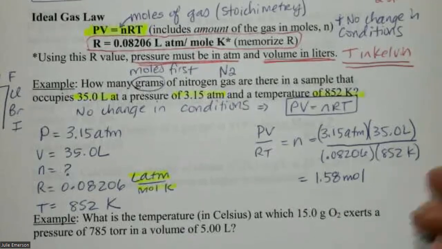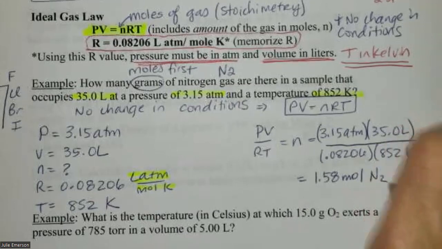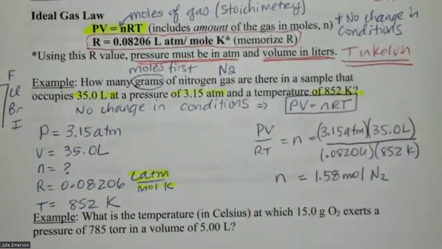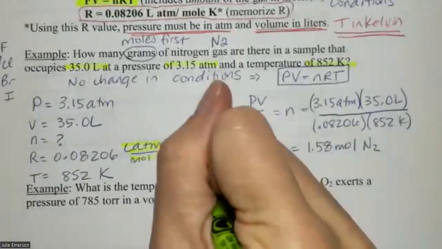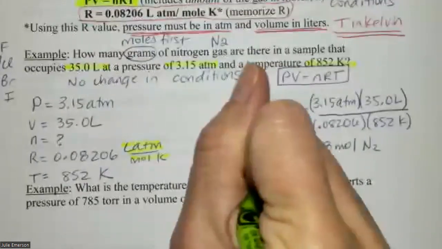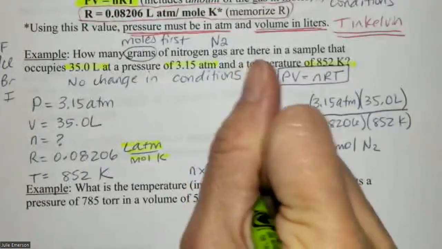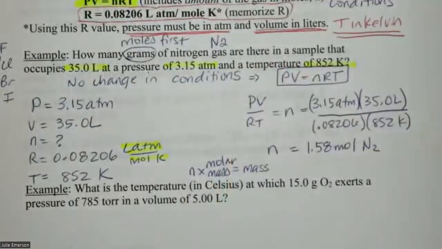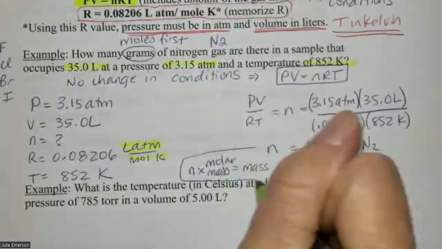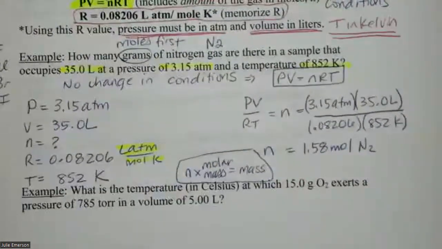So I now know how many moles of N2 I have, because that was n, and that's what PV=nRT allows me to calculate. And then if I want to take it to mass, I'm going to do n and multiply it by molar mass, and that will get me to mass. So for the periodic table, just remember again, nitrogen is diatomic.